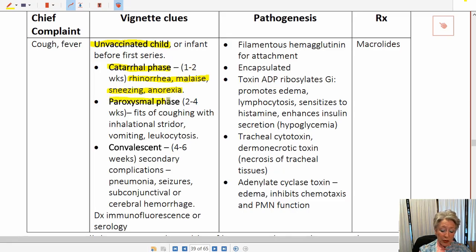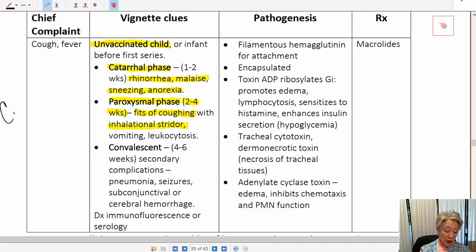During the paroxysmal phase, when you move into a period where the child can get into fits of coughing 2 to 4 weeks after the initial upper respiratory tract appearance, you'll get the classic sound that we associate with the name of the disease. Remember, it's called whooping cough, and I've always thought that this is sort of a misnomer.